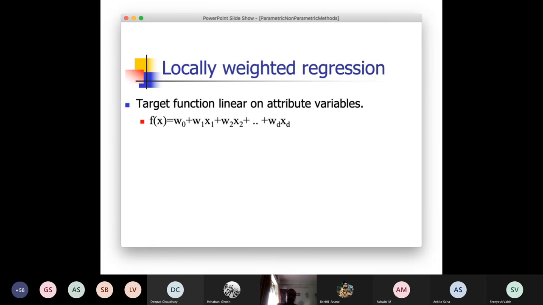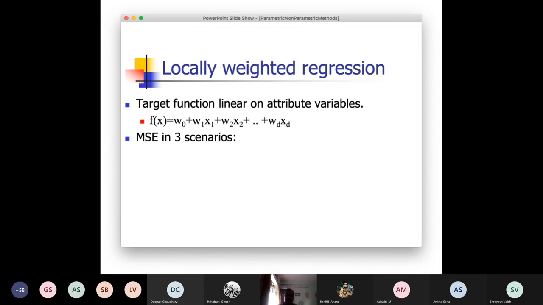So we'll be also considering a regression problem, but it is a locally weighted regression, which means this function could be also piecewise continuous, which means you can have a local fit around x.